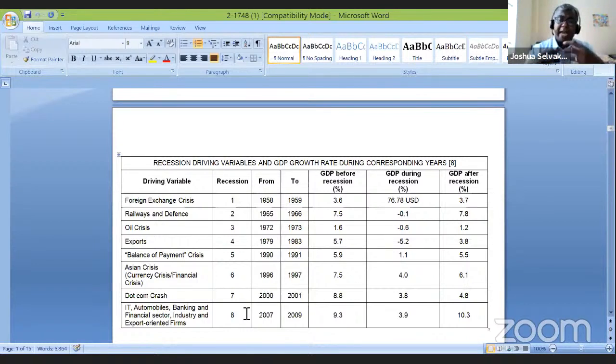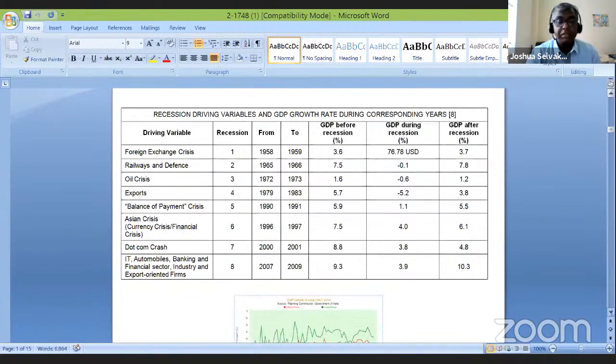Try to get as many variables as possible which are impacting the concept. These variables can be antecedents of the topic, or they could be the outcome of the topic. So always look for variables. That is what I'm trying to bring into context here: the variables that are leading to the recession.